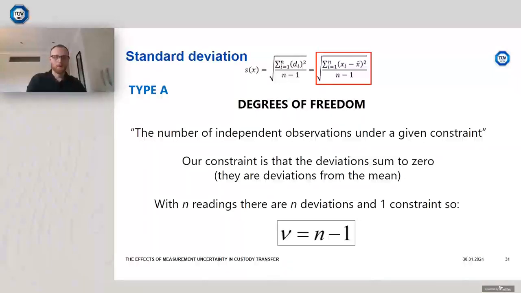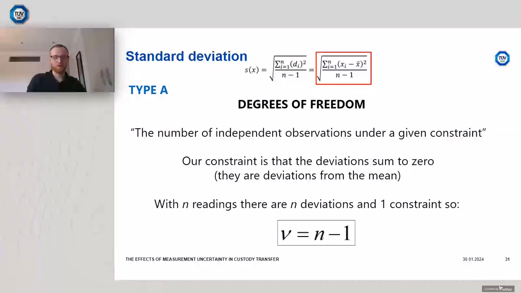The only constraint we have is that all of the 10 deviations from the mean sum to 0. So in calculating degrees of freedom, there are 10 readings and one constraint, so we've got 9 degrees of freedom in this case.